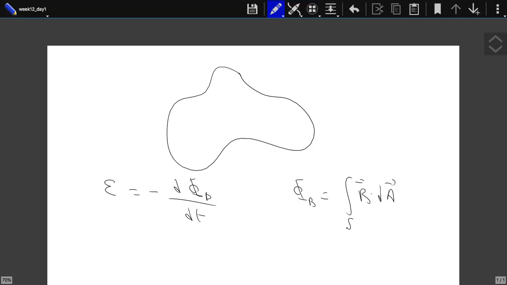And this was in the case when B was constant and the loop was changing its shape. Then we took one step more and said that this law would still be valid even if the magnetic field is changing, so that the B flux passing through our loop can change due to two reasons. Either B is changing or the area is changing or both of them.